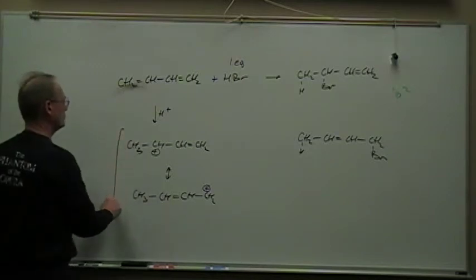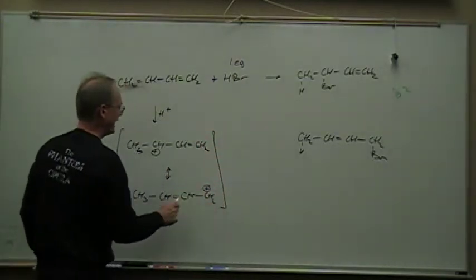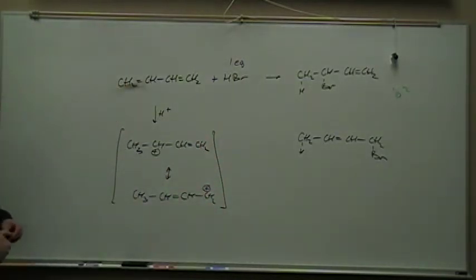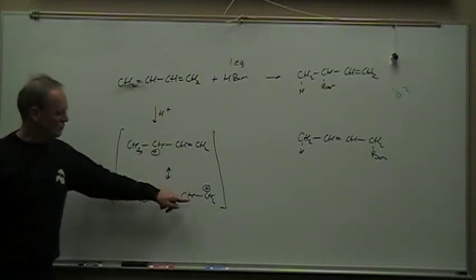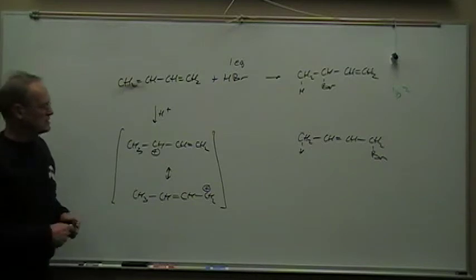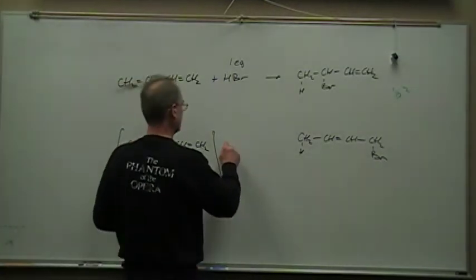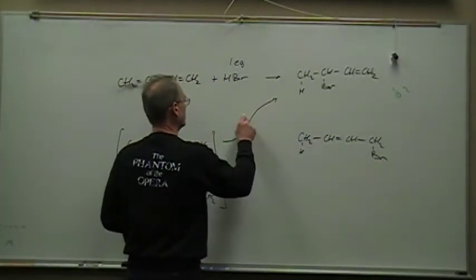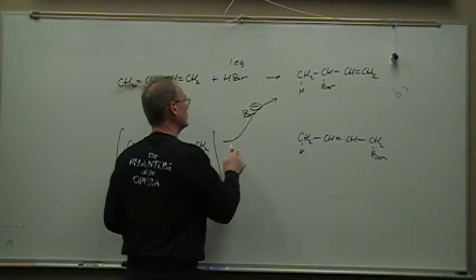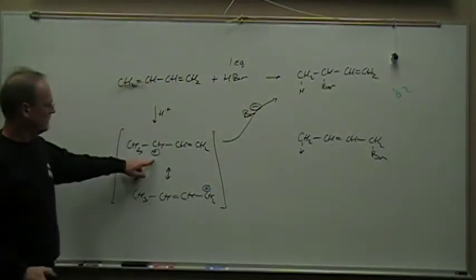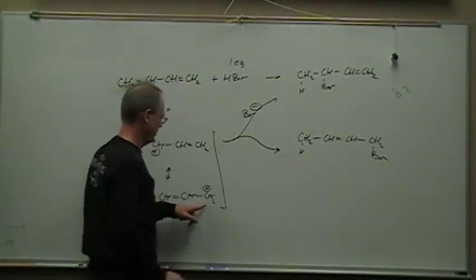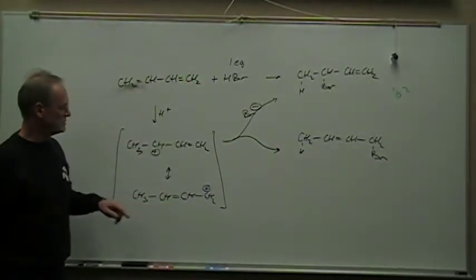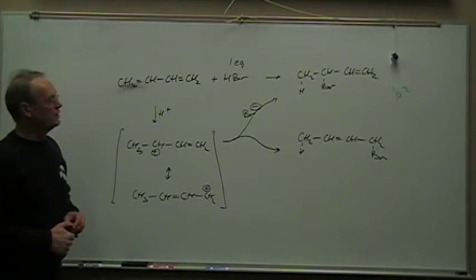So these are the two resonance structures. After the first step in the mechanism, you protonate it and you get this allylic carbocation. The positive charge is here or here. And then in the second step, you're going to get the Br minus that's left over going on this carbon from this resonance structure, or this carbon from this resonance structure. Which one does it prefer to go on?